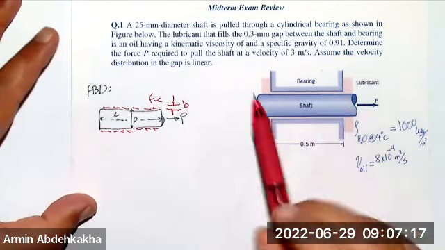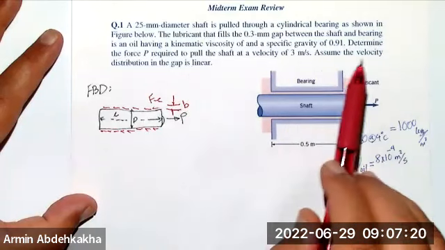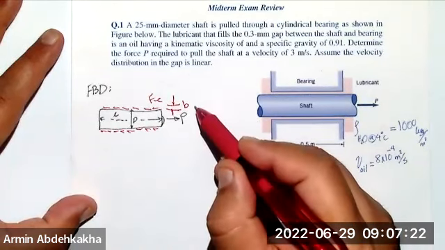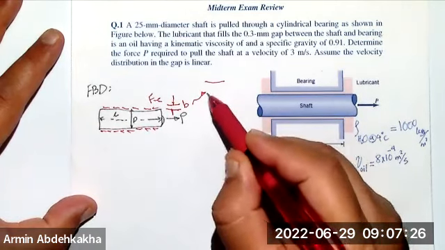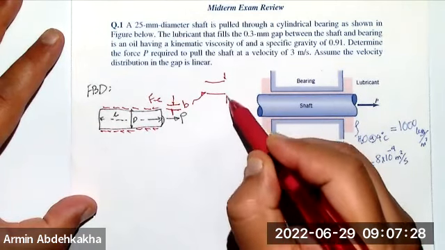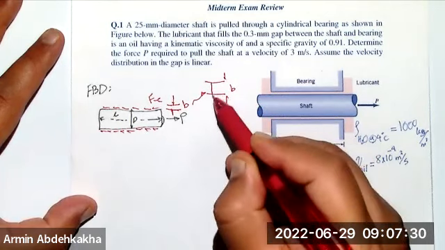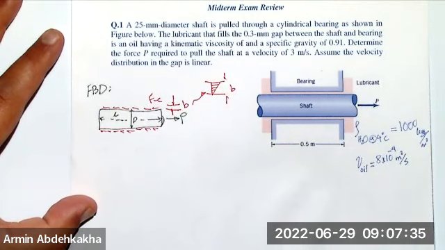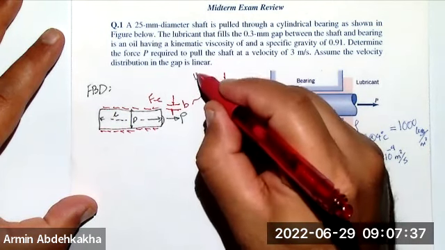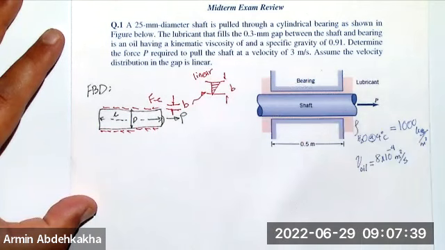And what else is given? It mentioned to assume the velocity distribution is linear. So it means that if you have this gap, which is B, then that would be your velocity profile, which is linear.